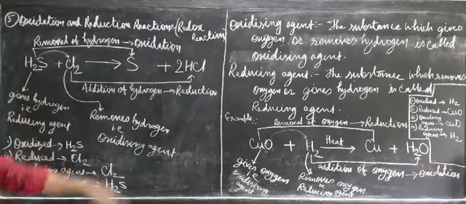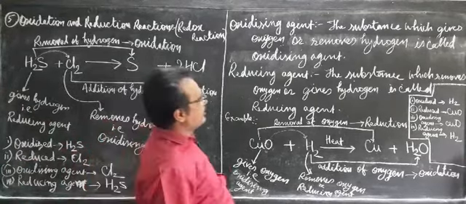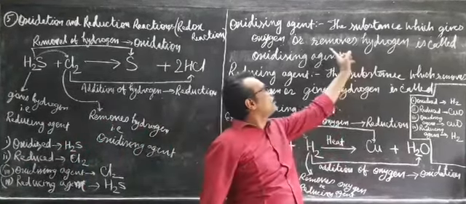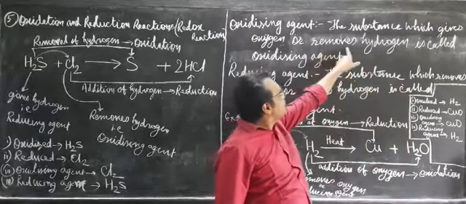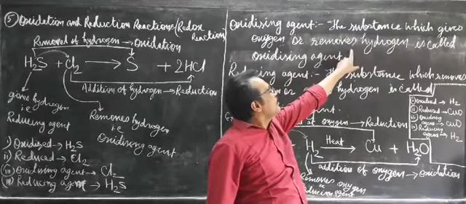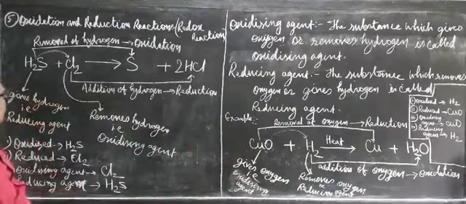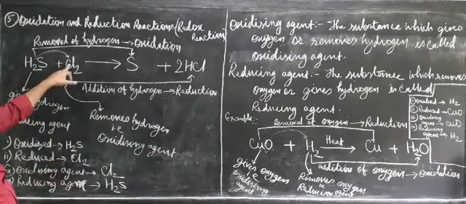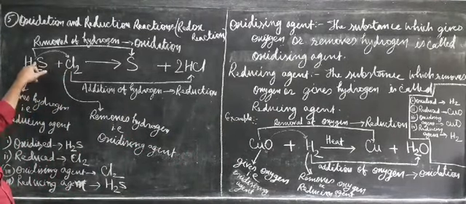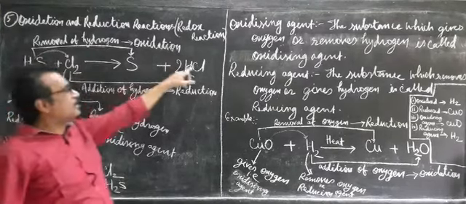Now look at the definition of the oxidizing agent and reducing agent, and consider the parameter of hydrogen. Anything which removes hydrogen is known as an oxidizing agent. See here, chlorine is removing the hydrogen from hydrogen sulfide, because chlorine is taking up this hydrogen to get converted into HCl.